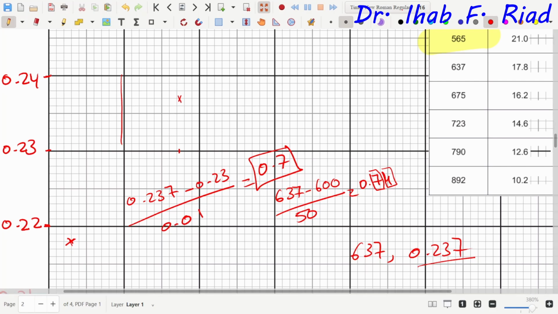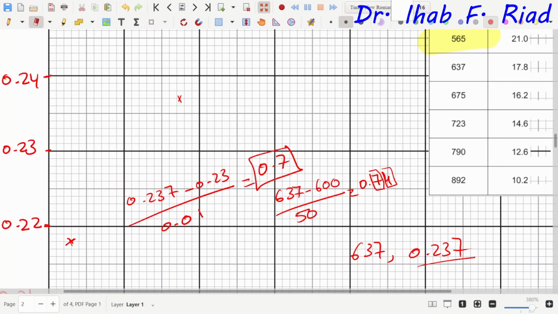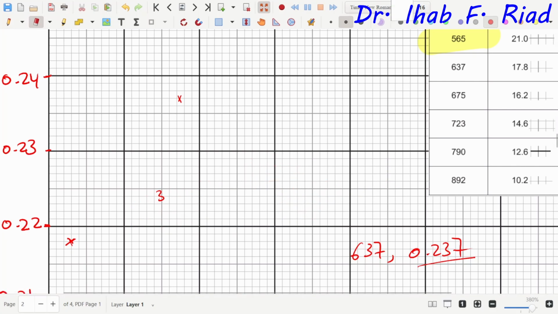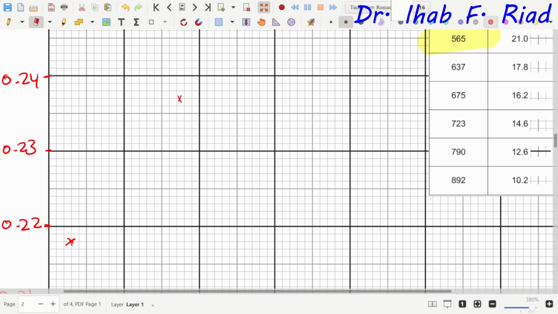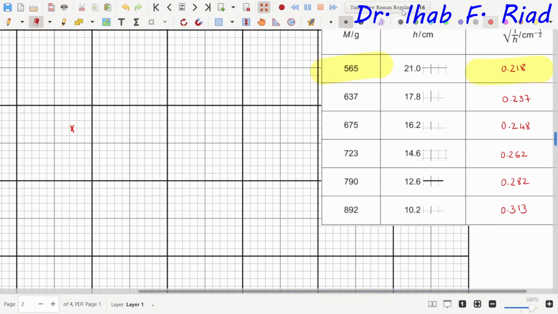Okay, see how this data point is a little bit away from the 7 mark. Why? Because we got 0.74. Now let us do another data point.